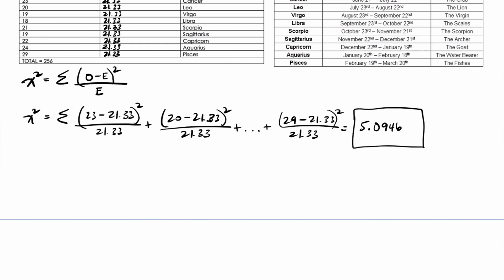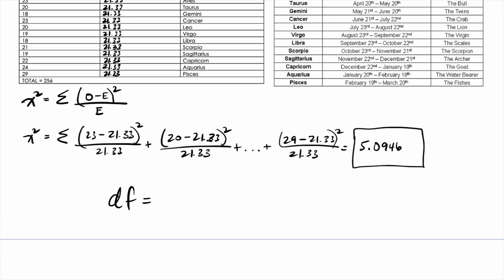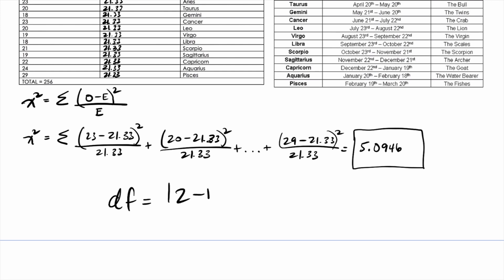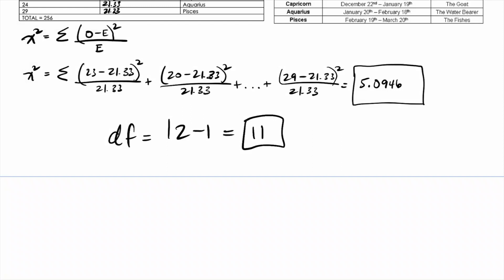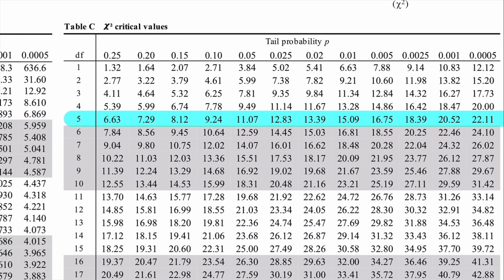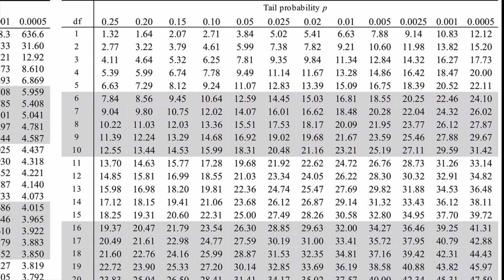All right. Degrees of freedom. What are we going to have for degrees of freedom here? 12 categories minus 1. If it's calculations, we have to show how we got the calculations. P-value. Since this is calculations, we also need the p-value. So we go to 11.